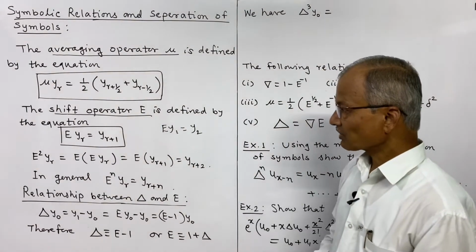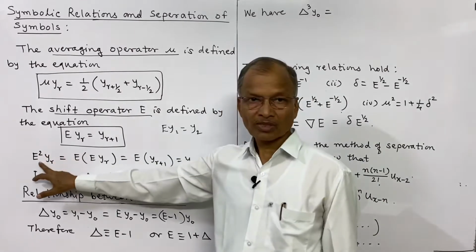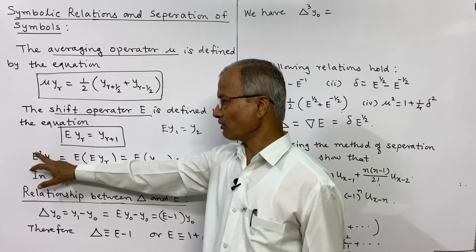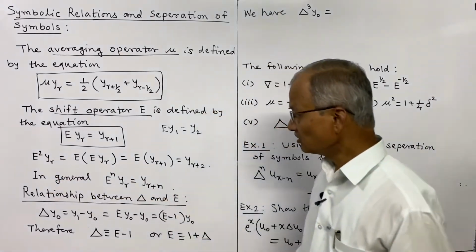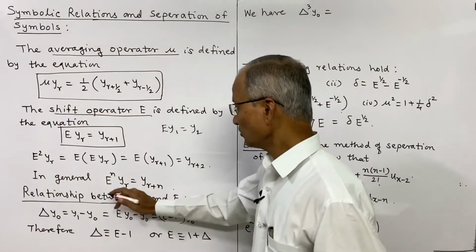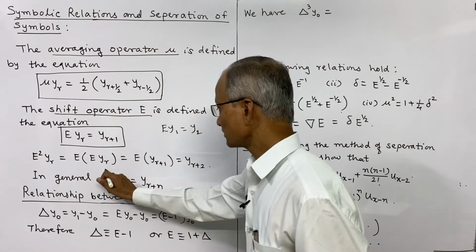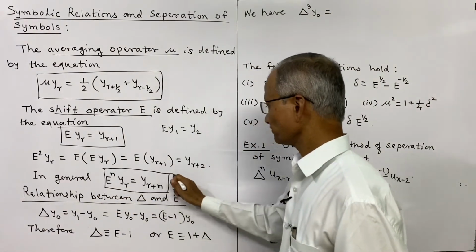That means when we consider powers of the shift operator, the power of E is added to the suffix of y. In general the relation is E to the power n of yr is y r plus n. This is important and we have to remember it.